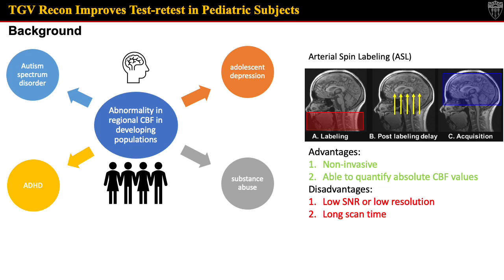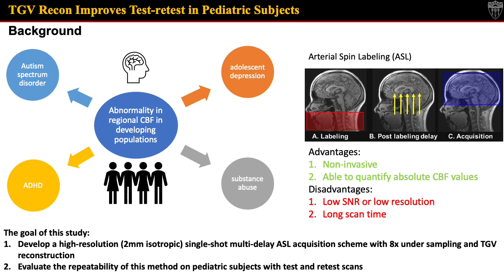However, since ASL usually has low SNR, it is usually acquired with low resolution, which prevents analysis of small brain structures. Also, the relatively long scan time makes it especially difficult for young subjects, as they tend to have more head motion during the scan.